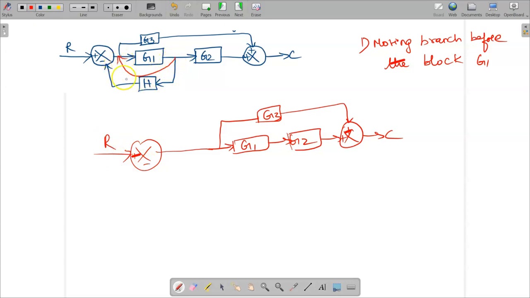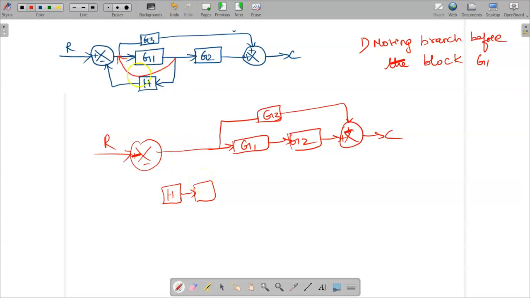When you are moving one particular branch before a particular block, whatever gain that block has, you have to add that gain in the branch. Here you have H already; in addition, that branch will be included with another term. What is that term?